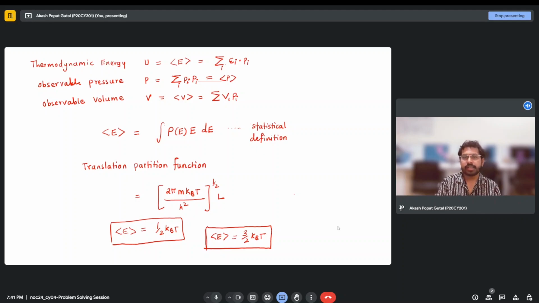So here the internal energy is the average energy, which is the energy of each level E_i multiplied by the probability of the ith level, of a particle existing at the ith level. Similarly we can define observable pressure and observable volume. The statistical definition of internal energy is the average energy, which is the integration of the probability distribution times energy.